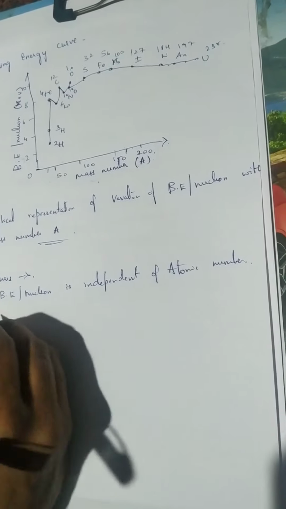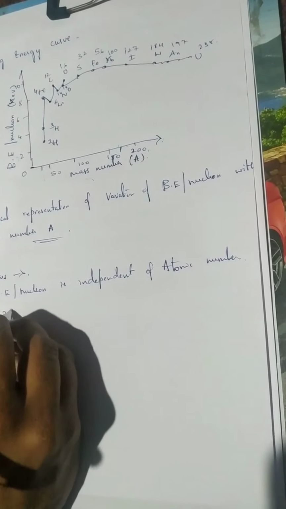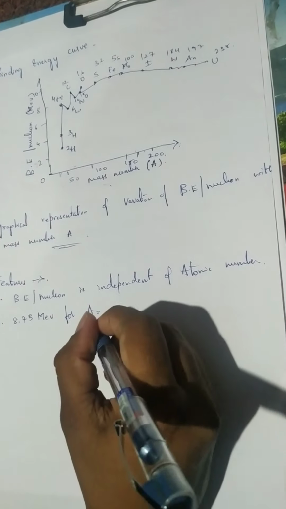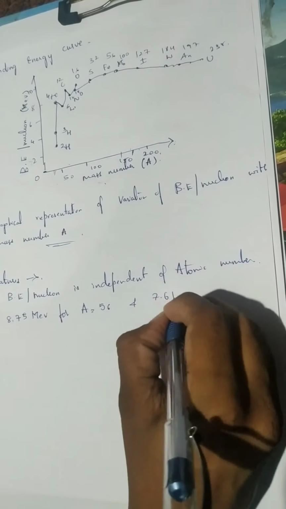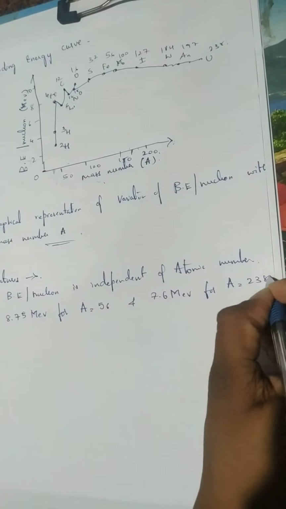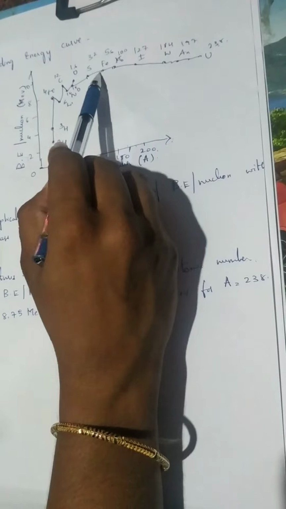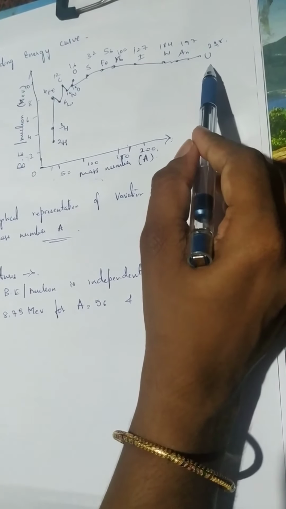And the second feature is that the curve has a maximum value of about 8.75 mega electron volt for mass number 56 and 7.6 mega electron volt for mass number 238. So from 56 to 238 it has a maximum value.